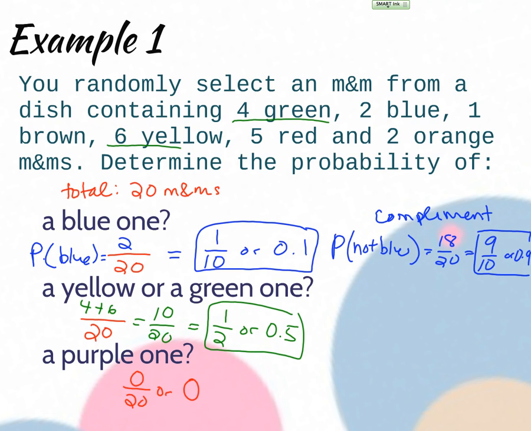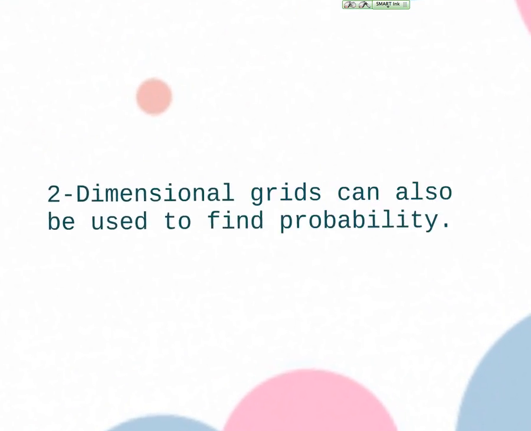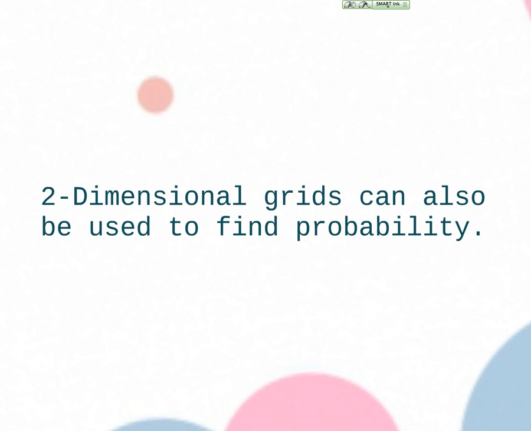So the next bit of notes would technically be C.2 if you want to put that in your notes. We're switching from C1 to C2 right here. The only difference with C2 is that we're going to use 2-dimensional grids to help us find probability. Now, if you were gone on Friday, the 2-dimensional grid is probably going to look kind of crazy to you.